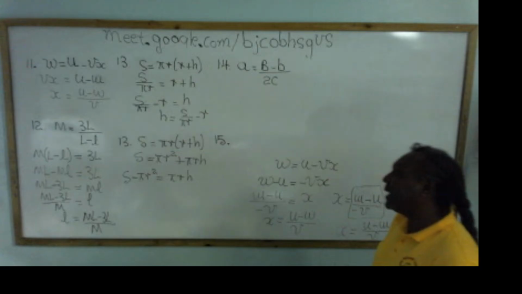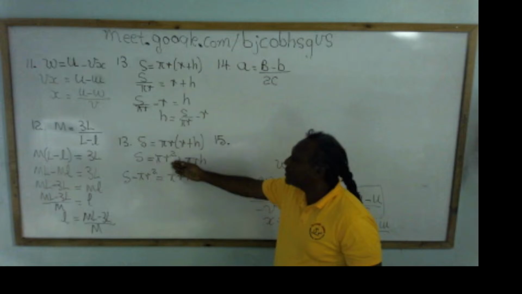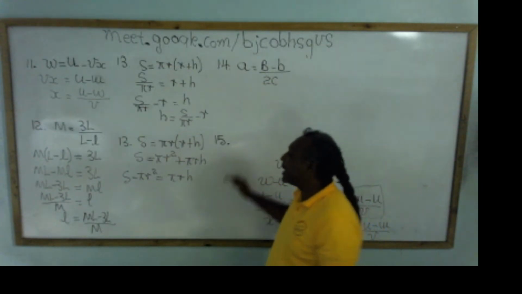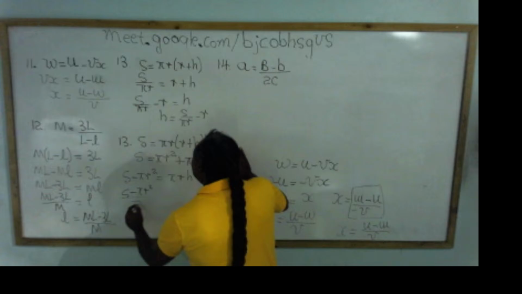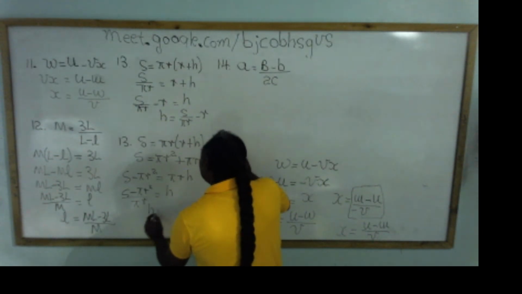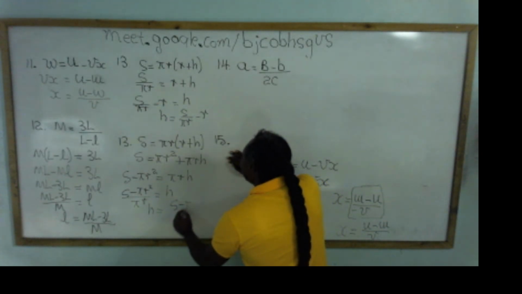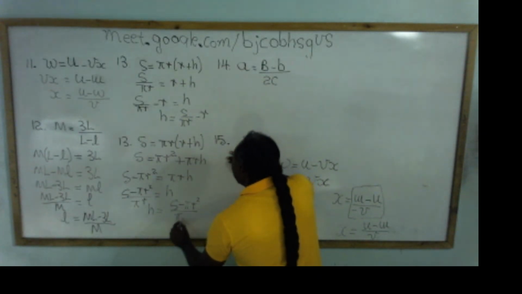And finally, because you have just eliminated the pi r squared by subtraction, you will eliminate the pi r by dividing by pi r. So you'll have s minus pi r squared over pi r is equal to h. And then you finish by saying h is equal to s minus pi r squared over pi r.